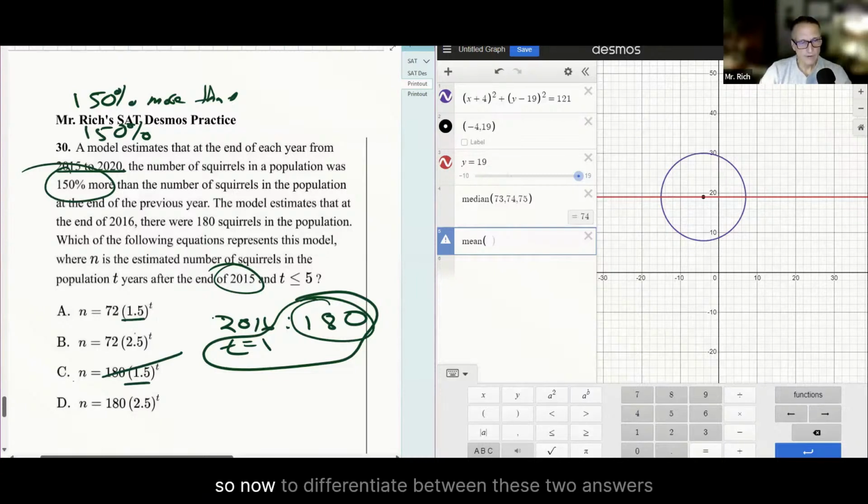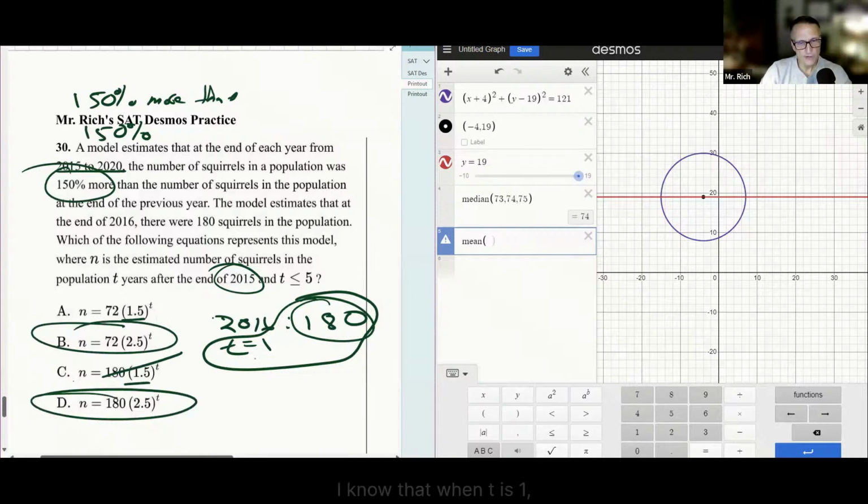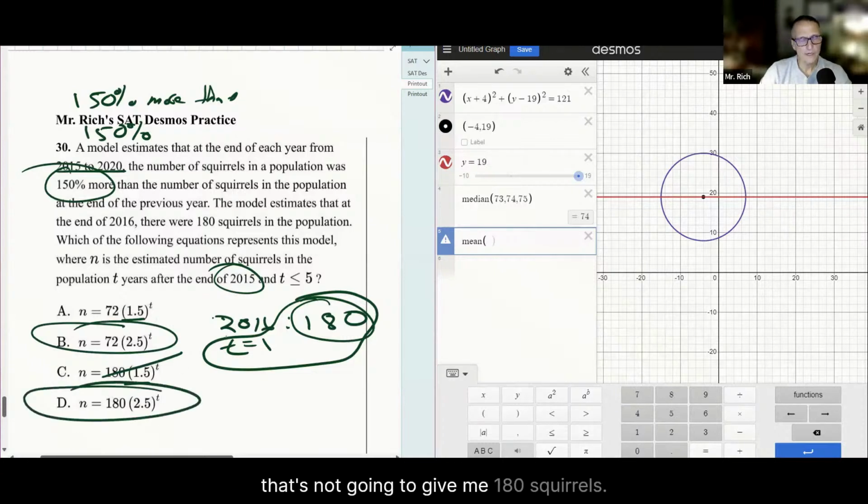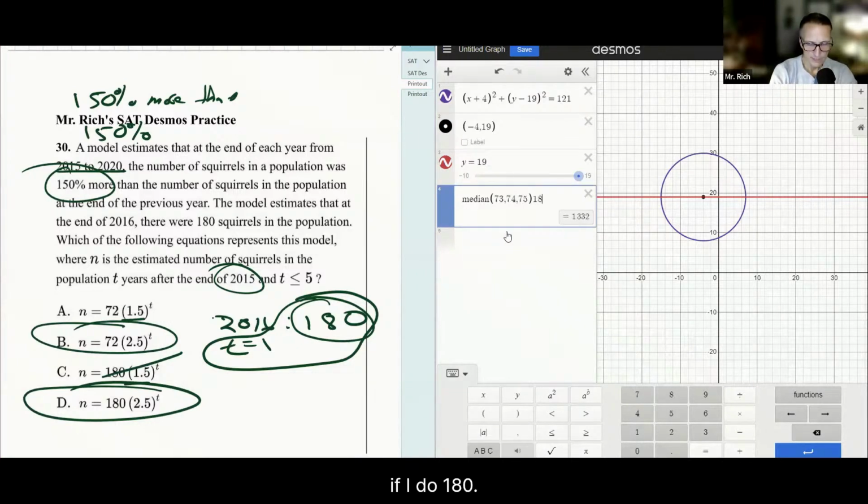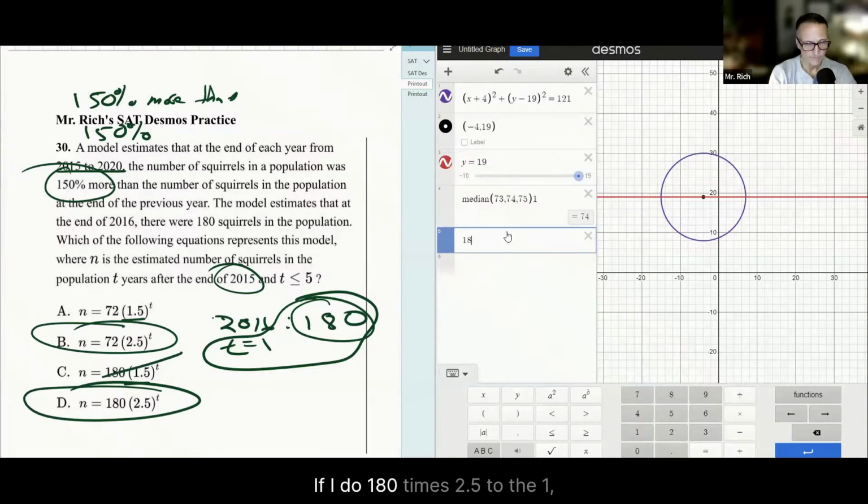Okay, so now to differentiate between these two answers that I'm going to choose from, I know that when t is 1, I have to get 180 squirrels. Well, down here, when t is equal to 1, that's not going to give me 180 squirrels. Because if I do 180 times 2.5 to the 1, that's 450 squirrels.